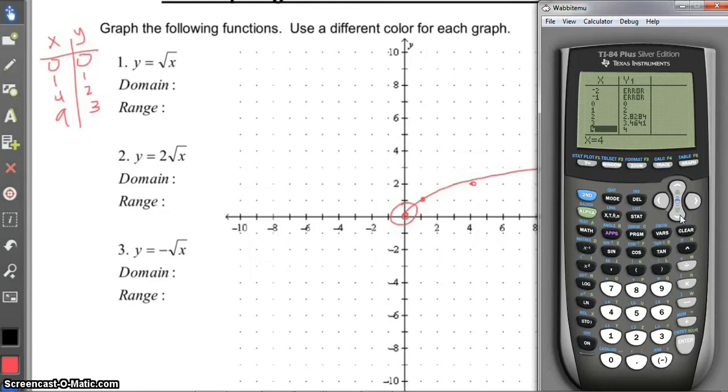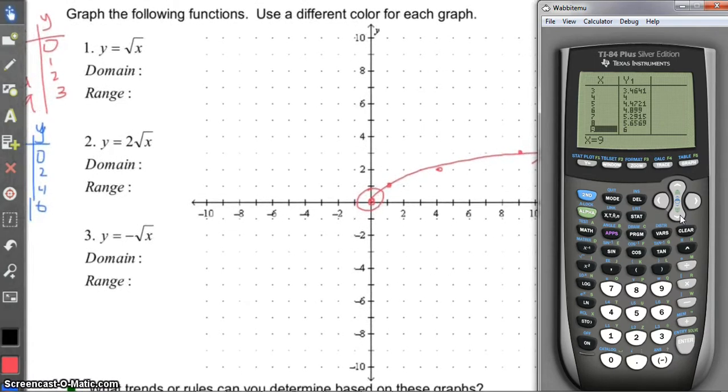So 0, 0, 1, 2, what else do we have? 4, 4, so let's write them down in blue. So we have 0, 0, and then 1, 2, 4, 4, so always pick 3 to 4 points, and then those don't make sense. 9, 6, that would be good. Let's graph it in blue.